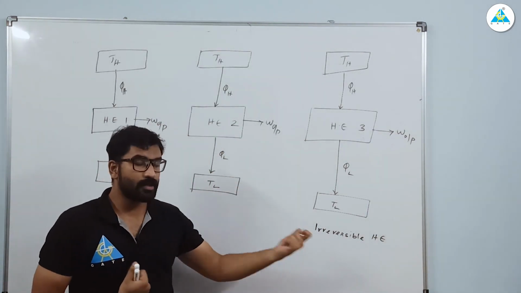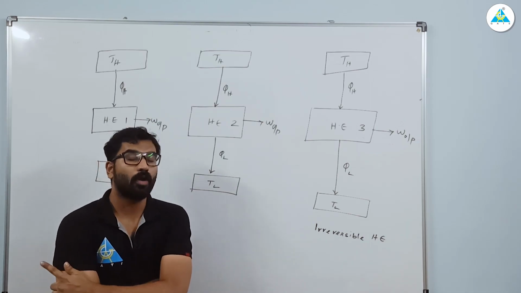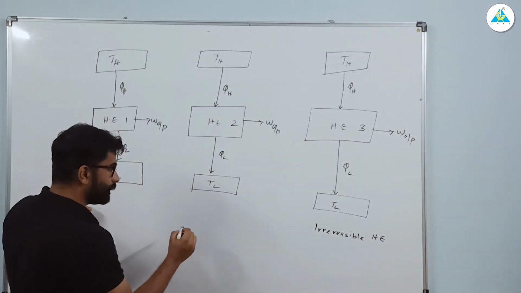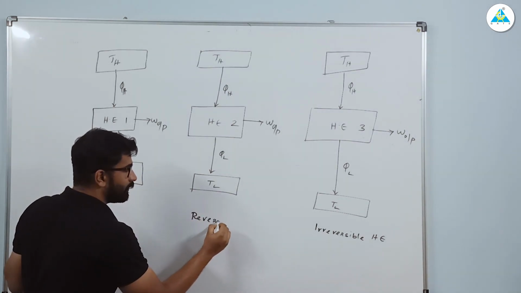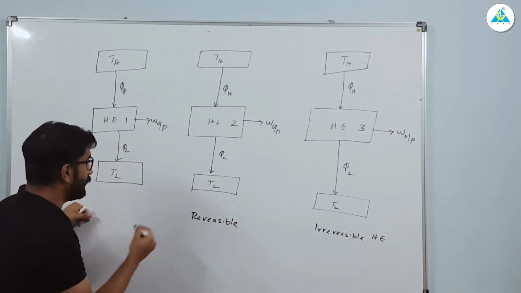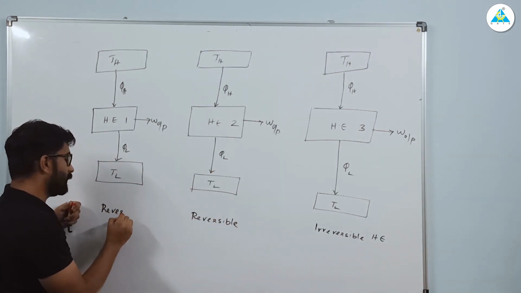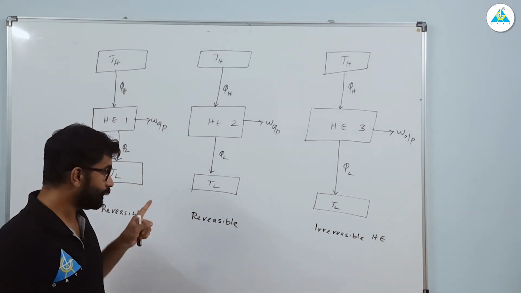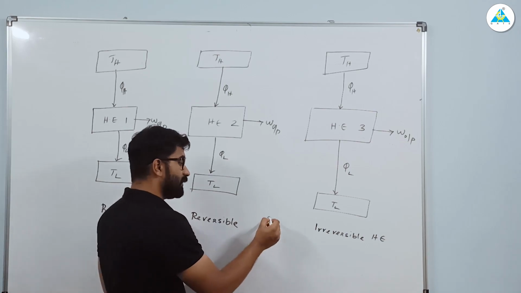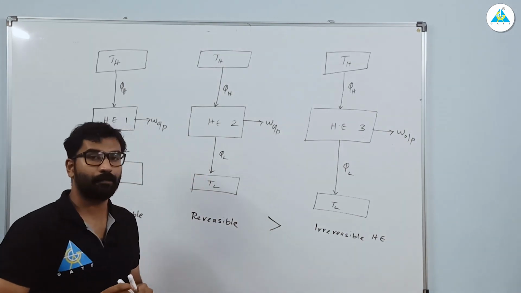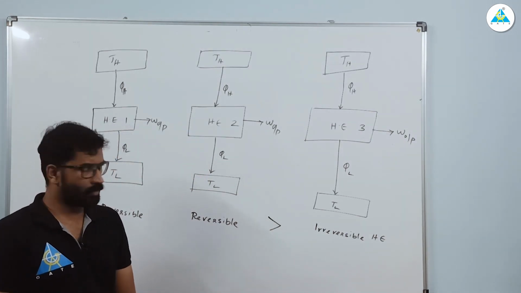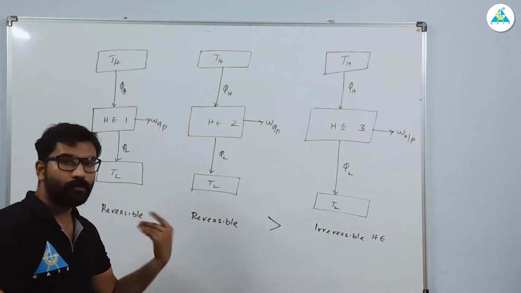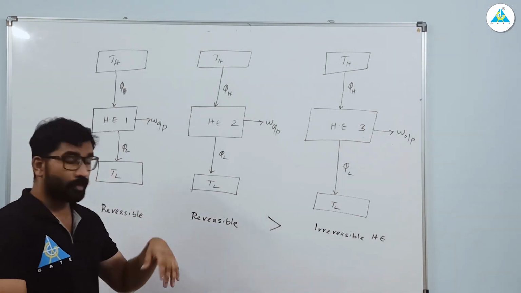The efficiency of an irreversible heat engine will always be less than the efficiency of a reversible one. If this engine is also a reversible heat engine, and this is also a reversible heat engine, then according to the Carnot principle both these reversible heat engines will have a higher efficiency compared to the irreversible one. An irreversible heat engine will have a low efficiency compared to the reversible.